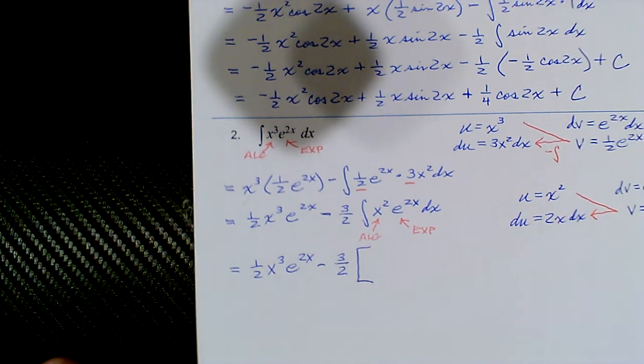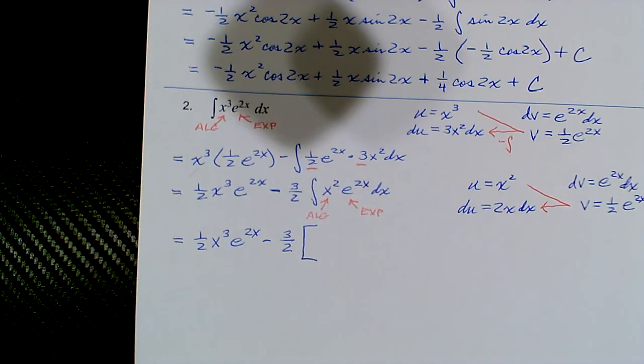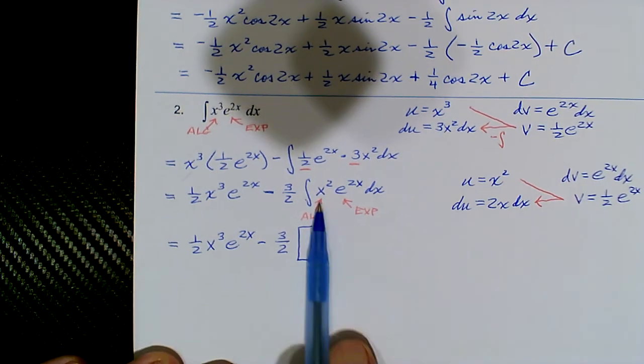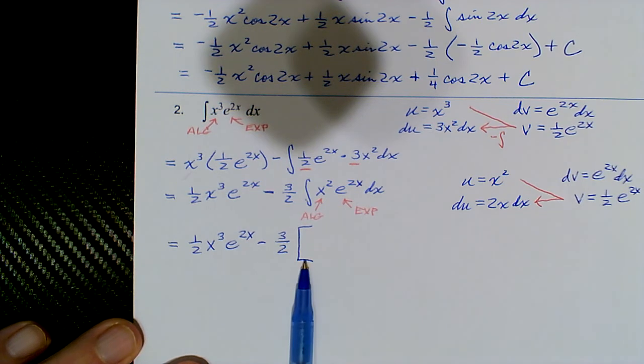I'm about to apply the integration by parts formula to this integral, which creates two terms, the uv and the integral of v du. And so therefore, I have to include parentheses or brackets, because it would be kind of tricky to mentally distribute, so that's why I'm going to include brackets, this negative 3/2.